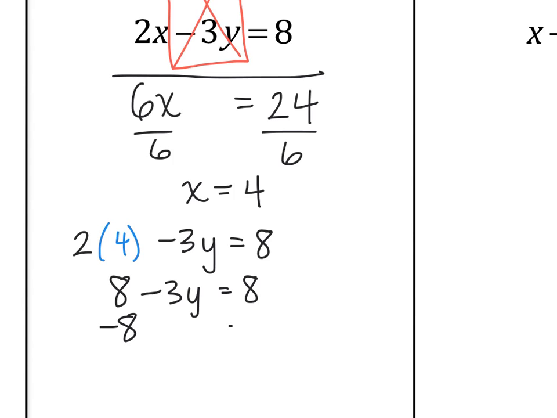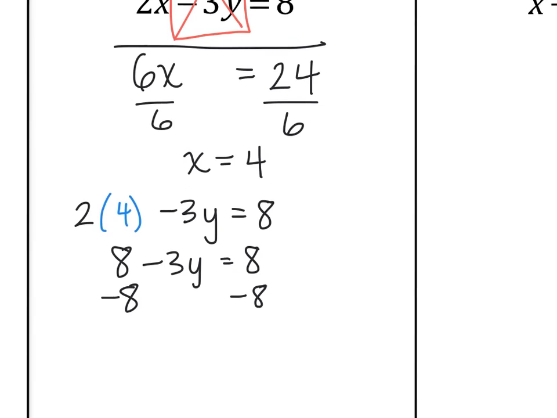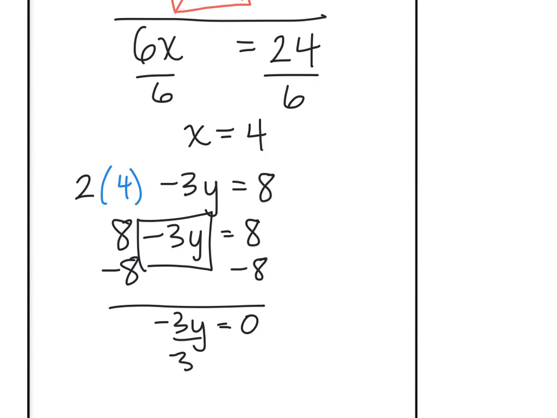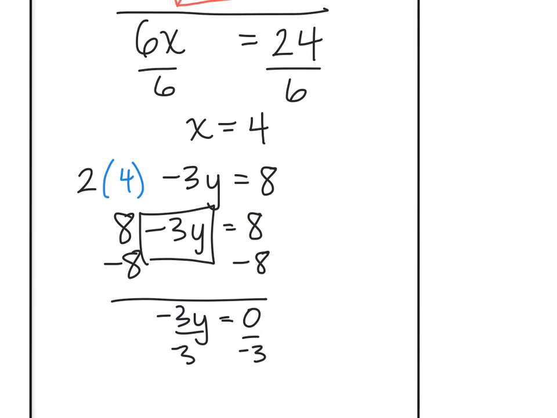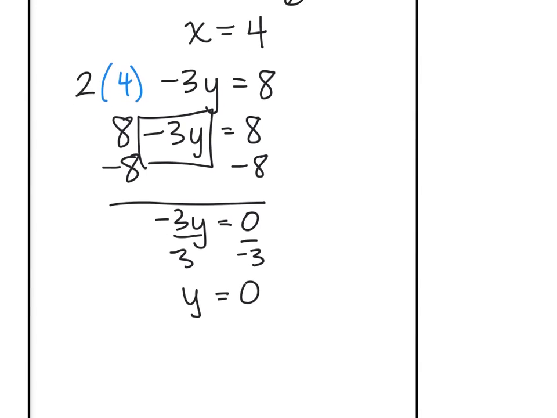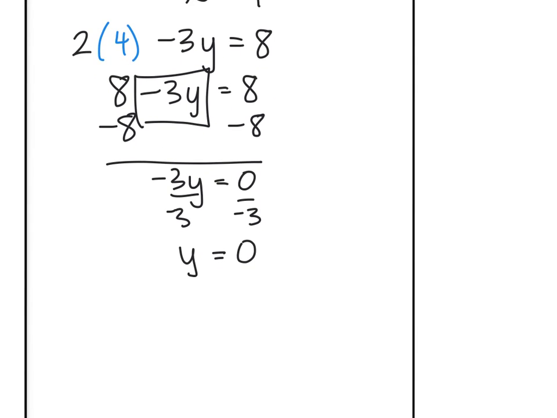Subtract 8 from both sides, and watch your sign here. I've got a negative 3y equals 0. Divide by negative 3, and y equals 0. So my ordered pair is (4, 0).